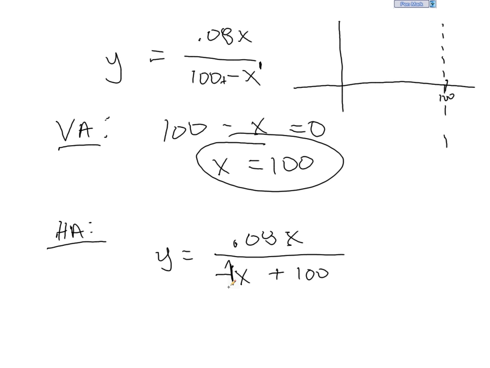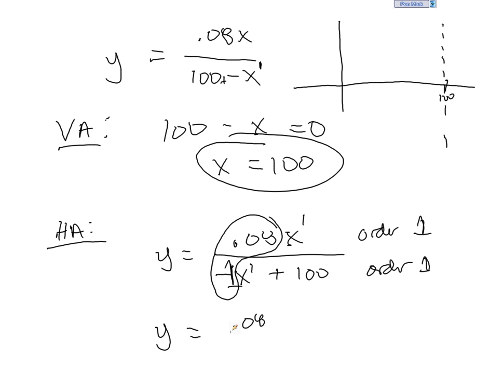That has a coefficient of 1, and the order in my numerator is the same as the order in my denominator, so the horizontal asymptote is going to be the ratio of those two. So y equals 0.08 divided by negative 1, which is just y equals negative 0.08. So it's almost, but not quite, an asymptote of 0.